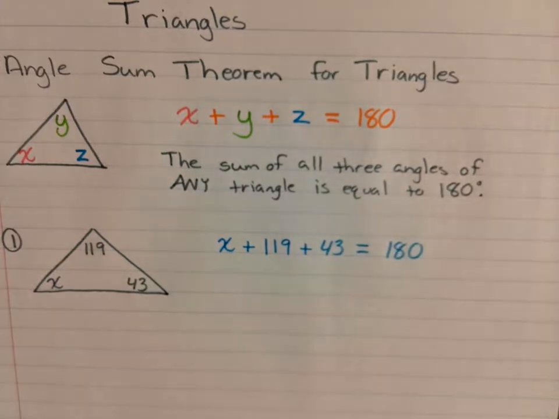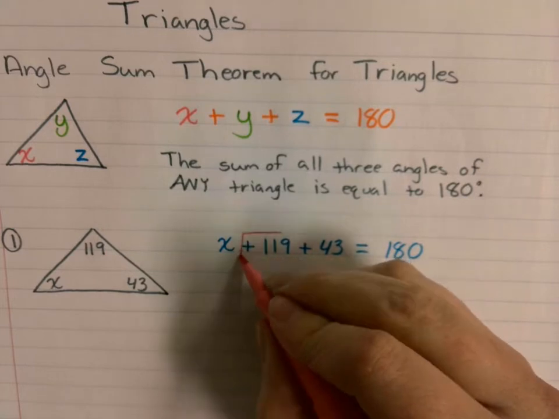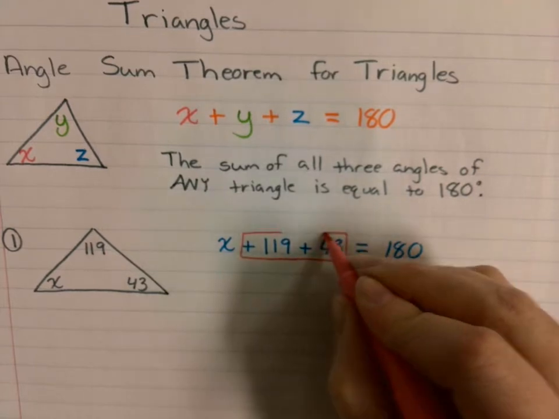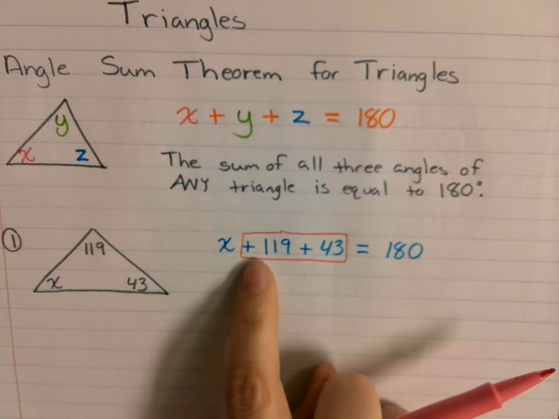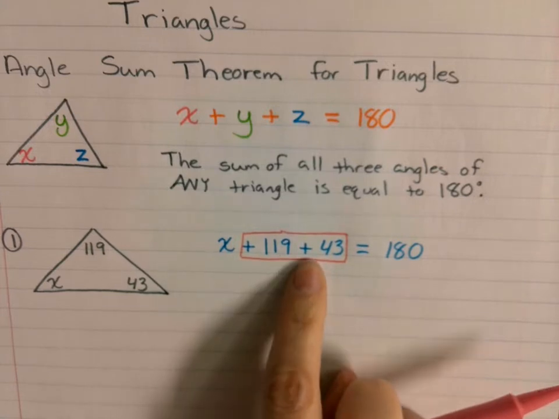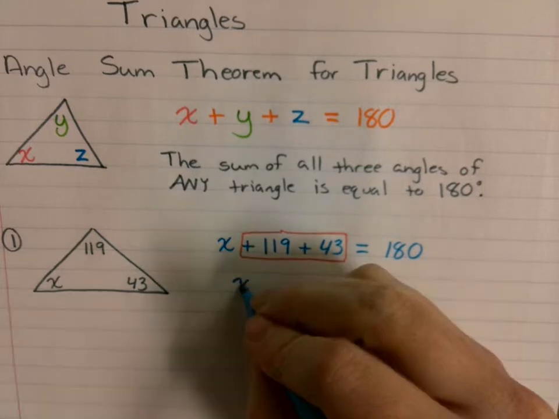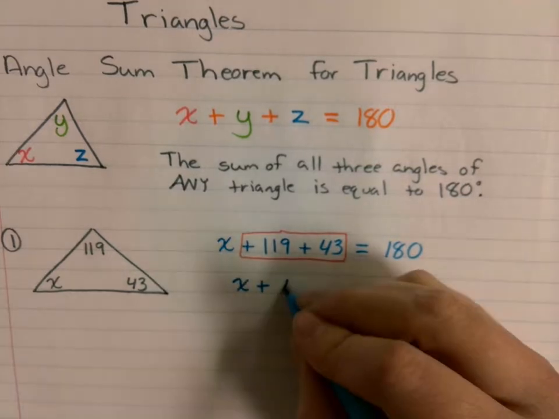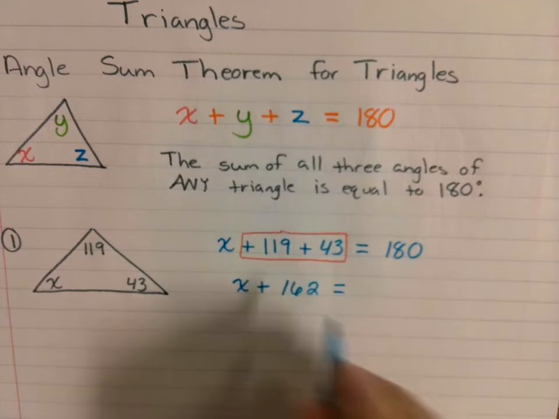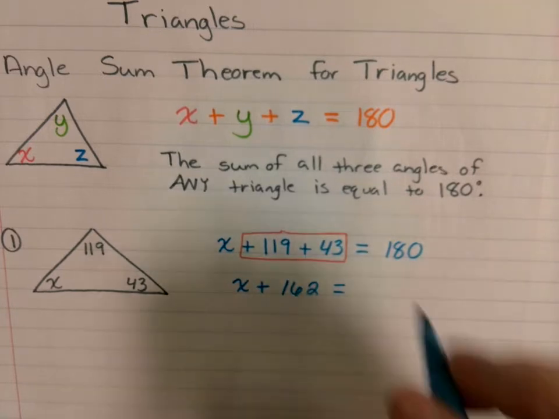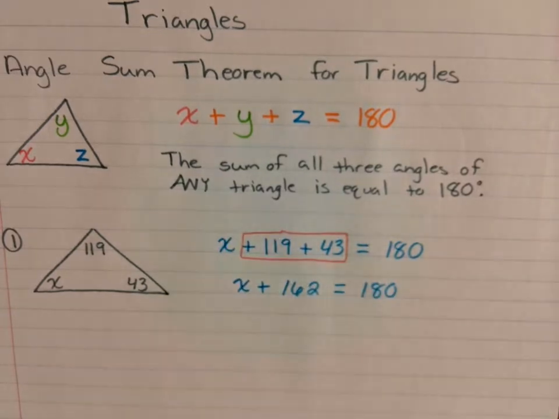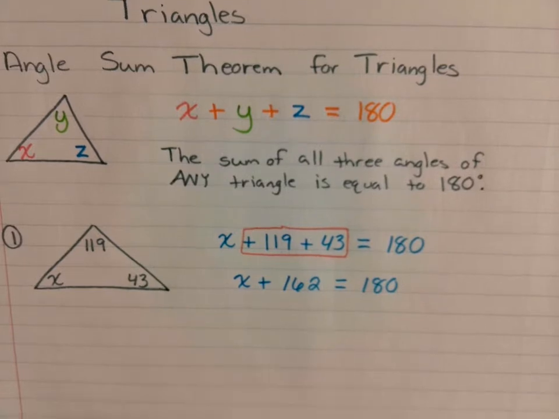Now, we always want to go ahead and combine like terms first before we start solving. So here are the like terms that we need to combine together. We're going to combine together a positive 119 and a positive 43. When we combine 119 plus 43, that's going to give us 162. So we have x plus 162 is equal to 180. And then all we have to do in order to solve is to subtract 162 from both sides.